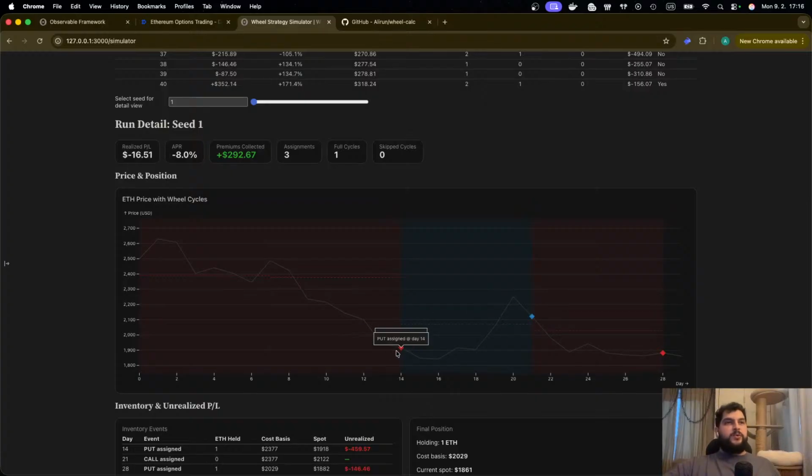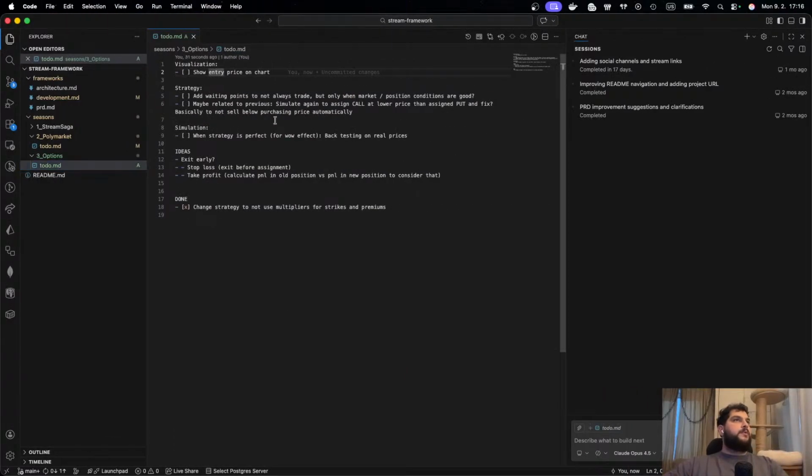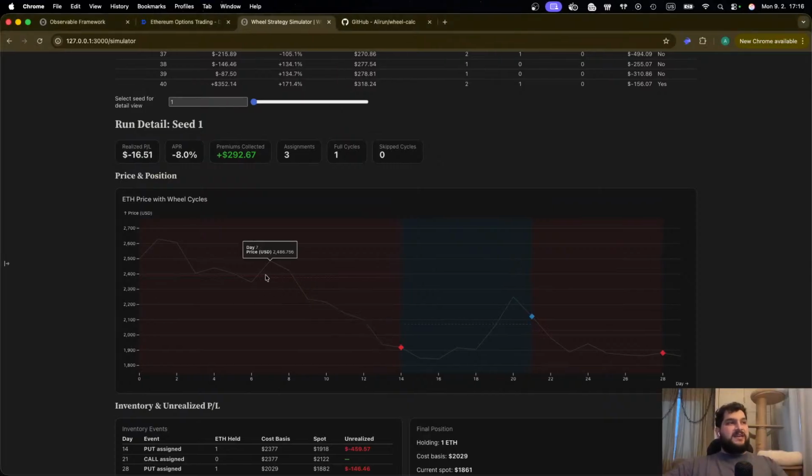So we need to also place assignment prices here, not only entry, also exit on the chart.